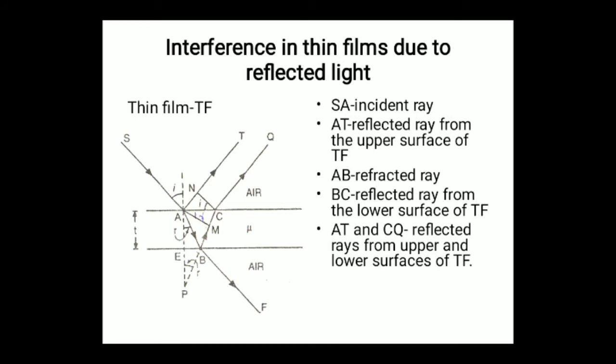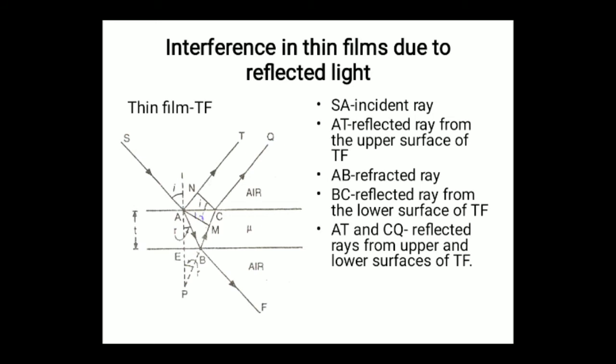The path travelled by the first wave is SA plus AN plus NT in the air medium, and the path travelled by the second wave is SA in the air medium, AB plus BC in the denser medium, plus CQ in the air medium.